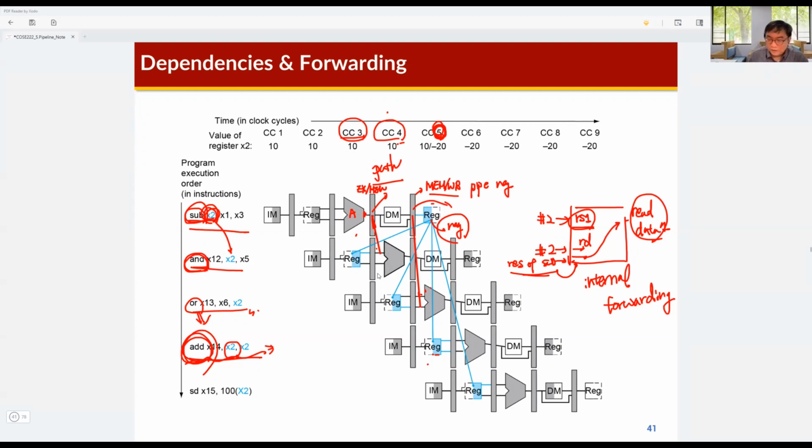But it will not be difficult if you understand how the data can be forwarded to the output of the register file. So this data dependency can be solved by internal forwarding of this register file. How about this store instruction?